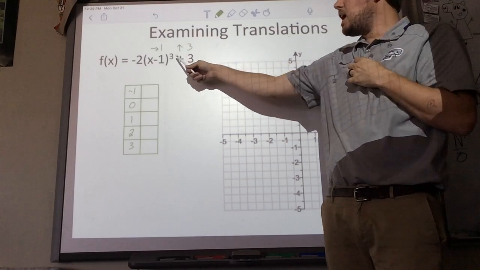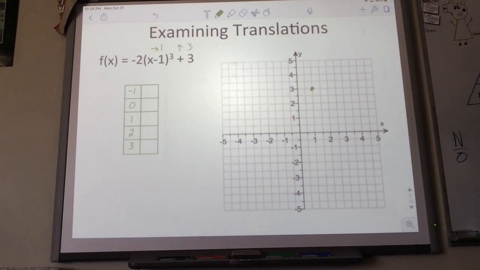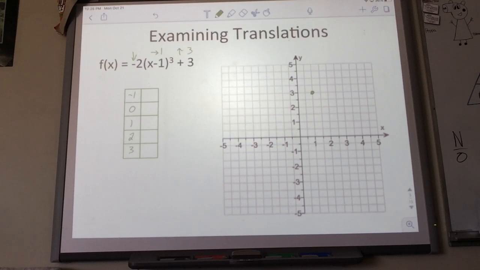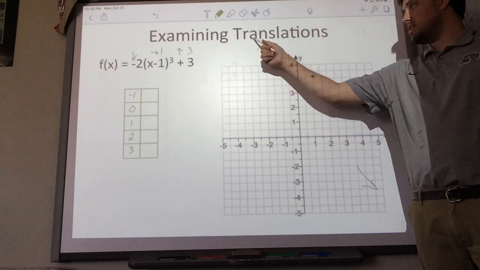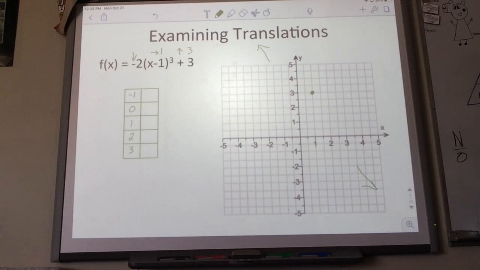Okay, we know it's got an odd exponent, so its end behavior is going to be opposites of each other, but it's got a negative out front. So that negative out front is going to make it go down the graph. So our end behaviors are going to be more like this. That's obviously not the graph line, but it's going to be up here and down here because it's going to be going down, but it is odd, so it's opposites.